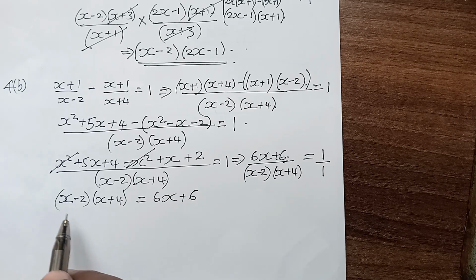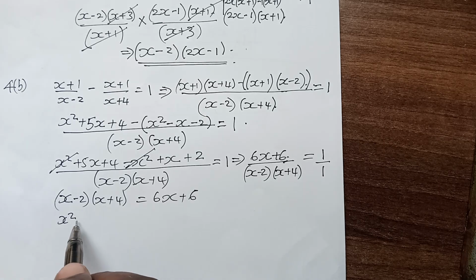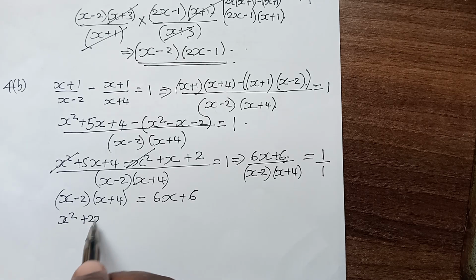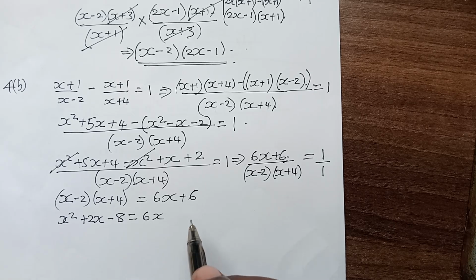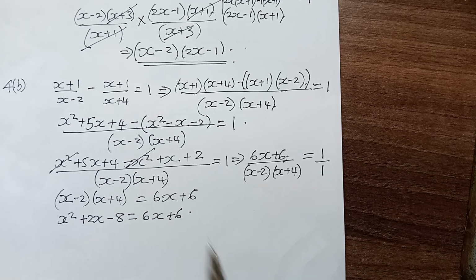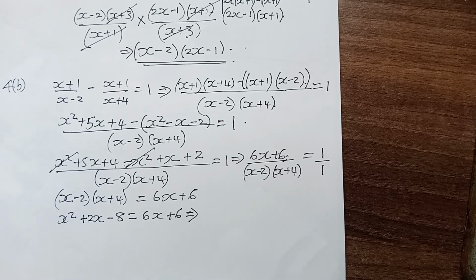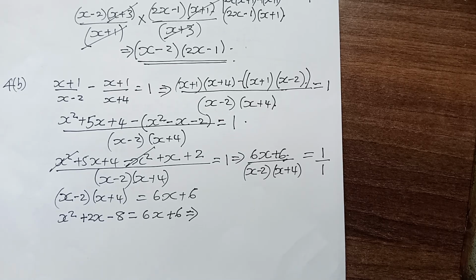Now we are required to open this bracket. We have x squared plus 4x minus 2x... meaning plus 2x minus 8 is equal to 6x plus 6. Because this is going to be a quadratic equation, we need to have 0 on the right hand side.